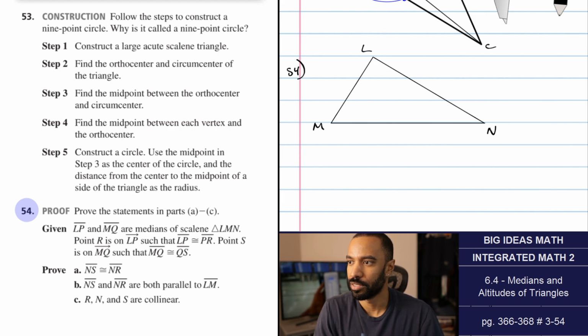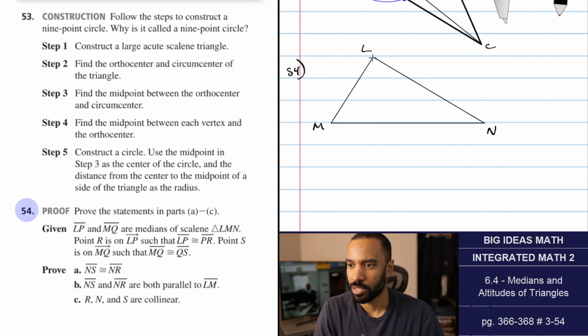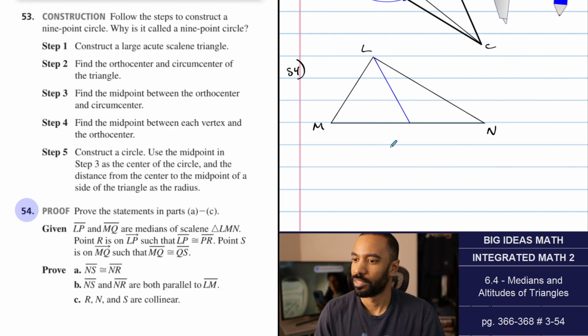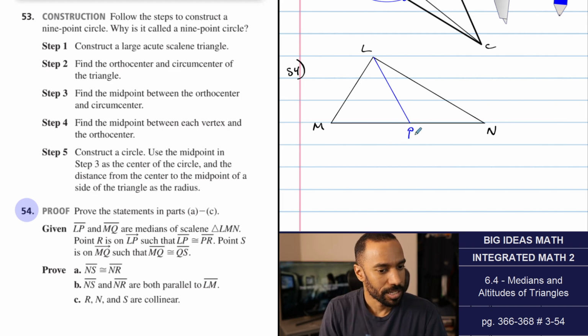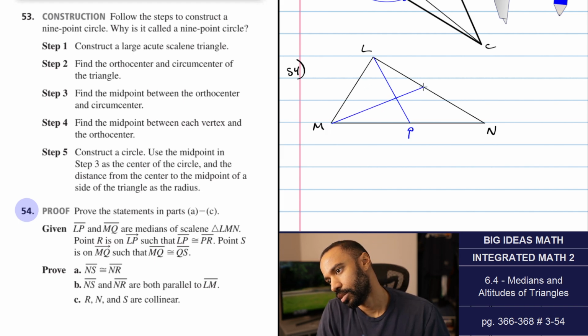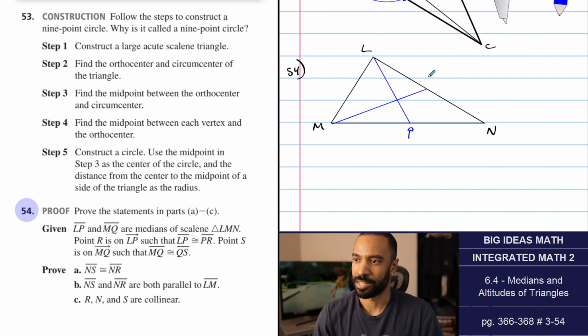So here's a given for which we must draw. LP, where's P? Oh yeah, have to draw it. LP, not to scale, and MQ, clearly not to scale. MQ are medians.